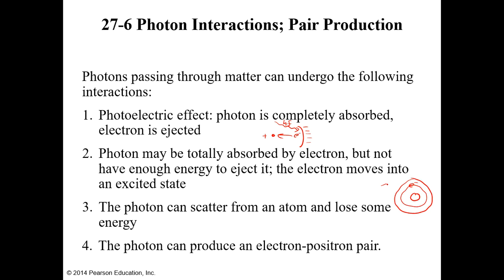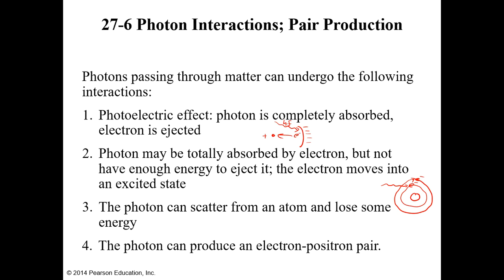So you have an electron here, a photon comes in, hits that electron, the electron gets some energy and starts to escape, but can't quite escape all the way out of the atom, so it just moves up to a higher energy level. That's what we call an excited state. Again, we'll talk about that more when we talk about the Bohr model of the atom.